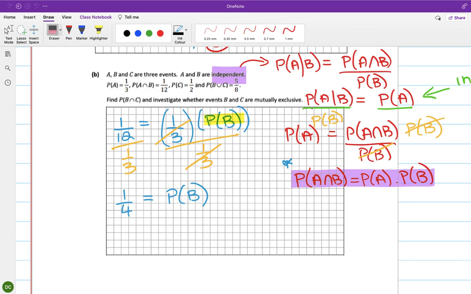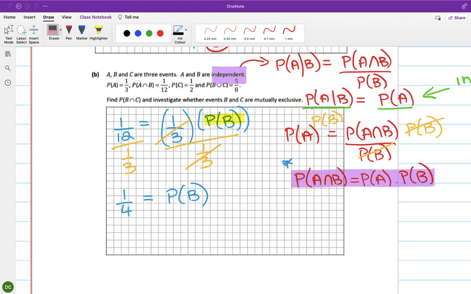So we want to find B intersection C. I'm going to do a Venn diagram. I don't know if it's going to help, I'm just trying to understand B and C here.